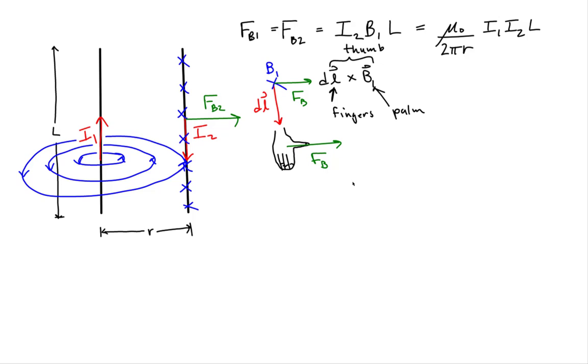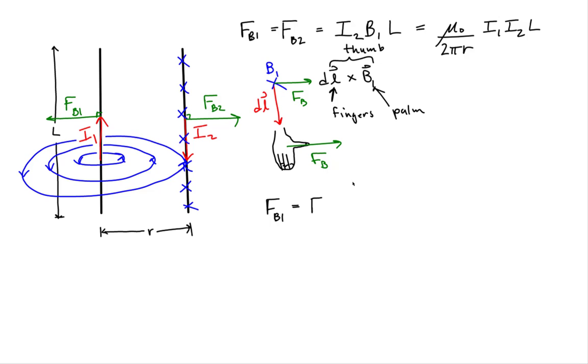And from Newton's third law, we could say that the magnetic force on wire 1 due to wire 2's magnetic field is also pointing away from wire 2. So this magnetic force is repulsive.